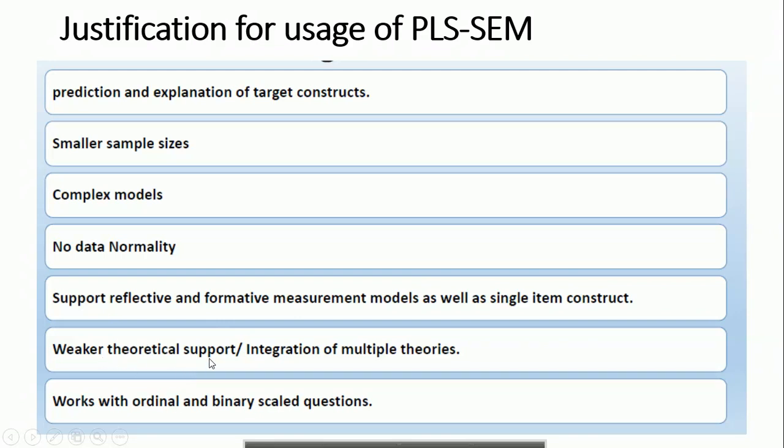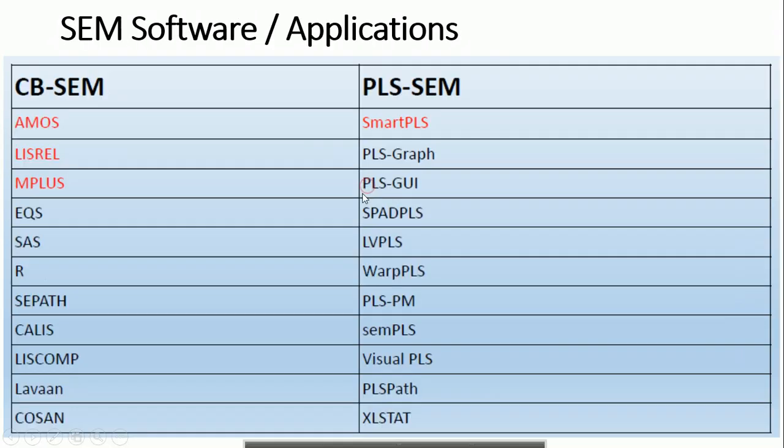As I said, it also works with weaker theoretical support or integration of multiple theories, and with ordinal and binary scale questions, which are all advantages. Those are the software packages that we usually use to run CB-SEM, like AMOS, LISREL, Mplus. And for PLS-SEM we have SmartPLS, PLS-Graph, PLS-GUI, we have semPLS, plspm, and others.